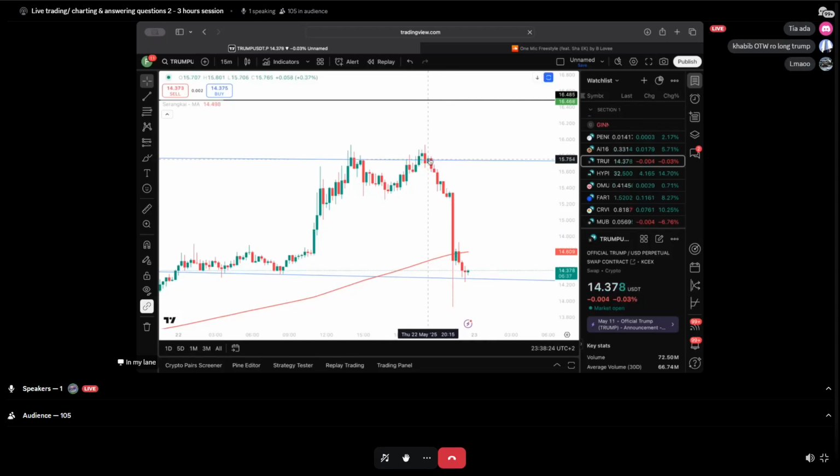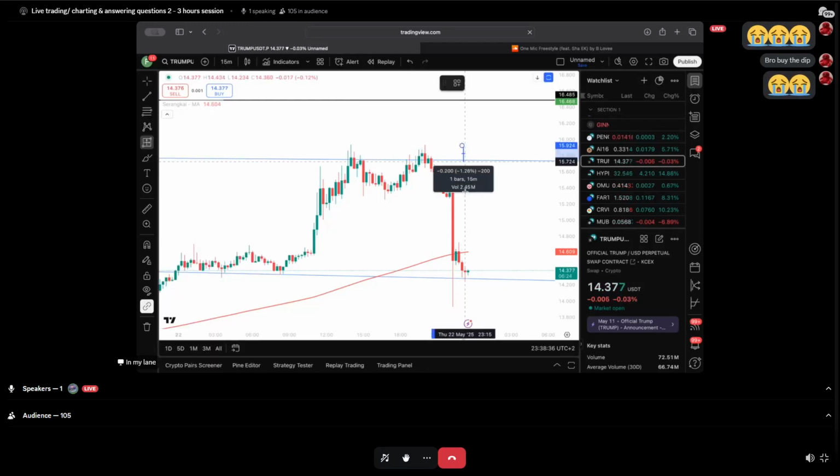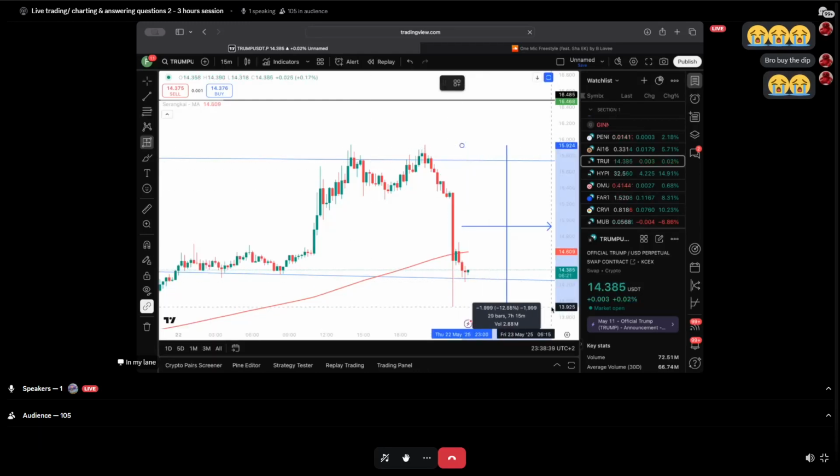You think this is bull? He's on the way to selling. Literally. Wait, let me see. Like, what the fuck? 12% down, just one candle.